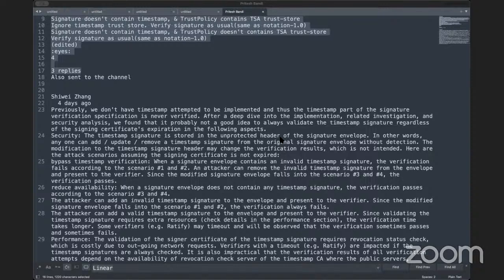And yes, there is some availability risk if we're checking a revocation response, but that's a trade-off here. Any questions on that? Any feedback?